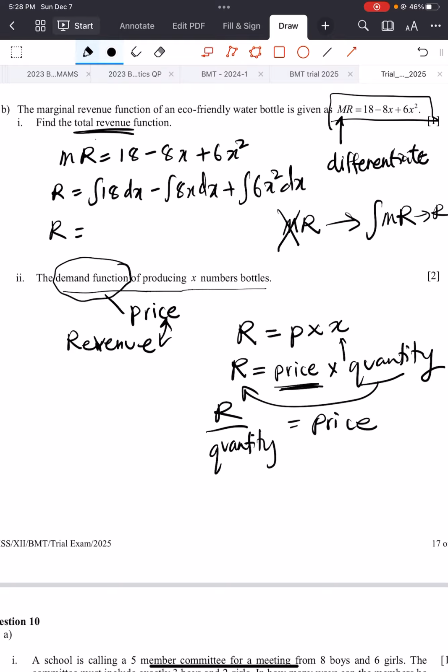Quantity is represented by x. So you take the revenue function and divide it by x, you will get the price.